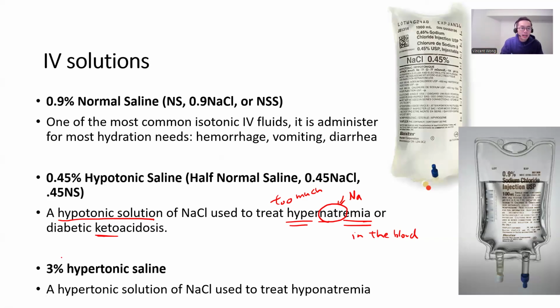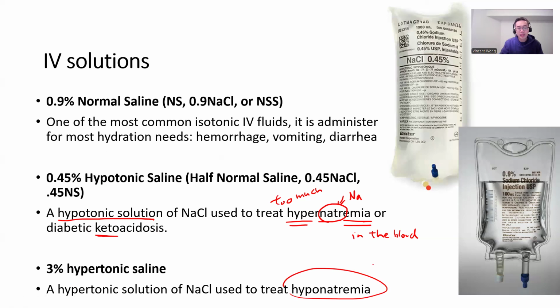All right, hypertonic saline is very rare. My sister is a nurse, in her 15, 16 years working as a nurse, she had never administered hypertonic saline before I asked her. And it's being used in some cases to treat hyponatremia.